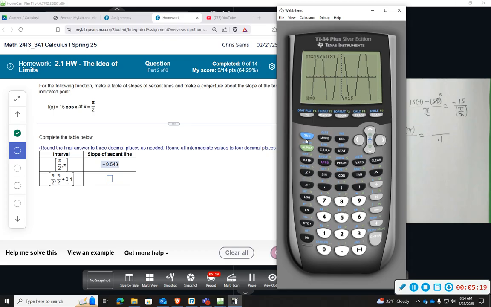So I'm going to say, yeah, I do need to do second pi divided by 2 plus 0.1. Okay, so it gives me y is a negative 1.497.